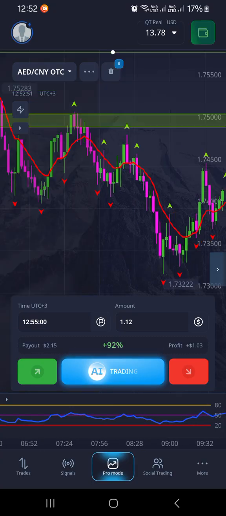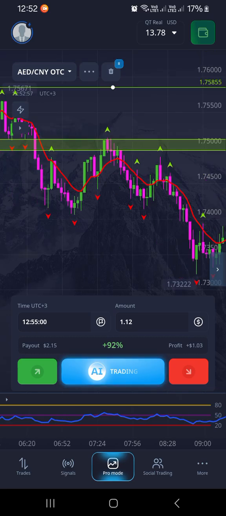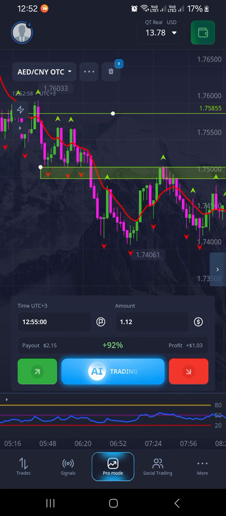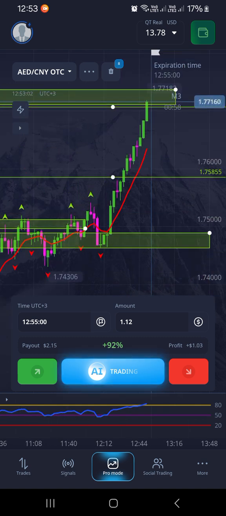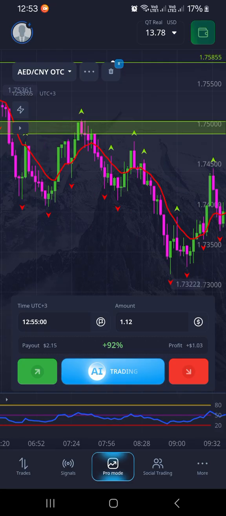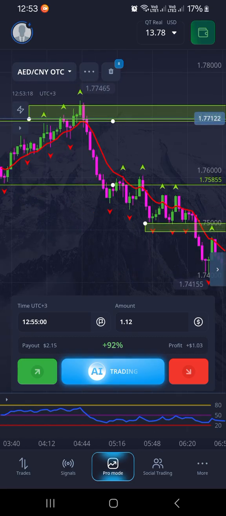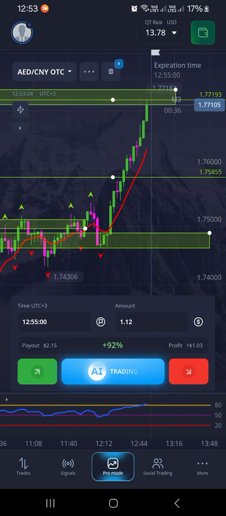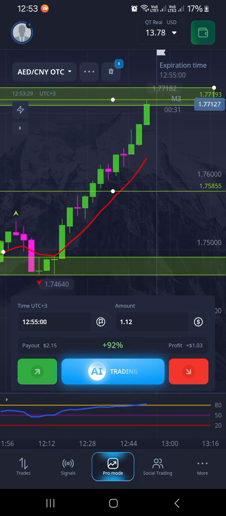My network is very slow. I don't know what's wrong with this network, guys, today. This is my network. Oh my god. So in 3 minutes we have a very strong supply zone inside.